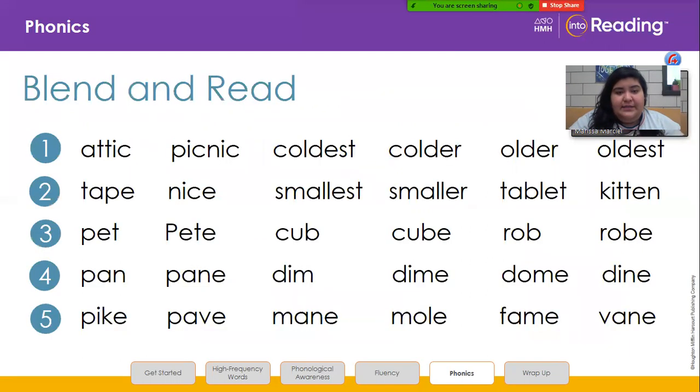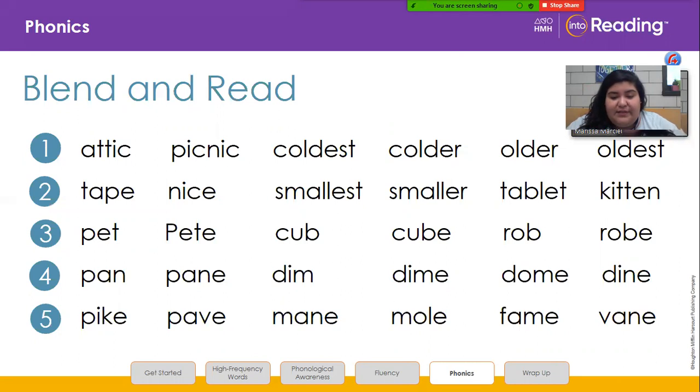All right. So what I want you to do is read the first line with me. Are you ready? Attic, picnic, coldest, colder, older, oldest. All right. We read it all together. Oh my goodness. How are the words alike? Let's look at these words. Attic, picnic, coldest, colder, older, oldest. What do you notice about those words? They all have two syllables, right?